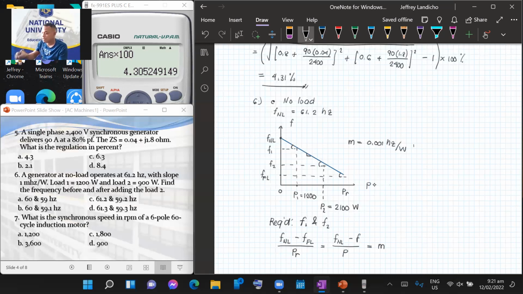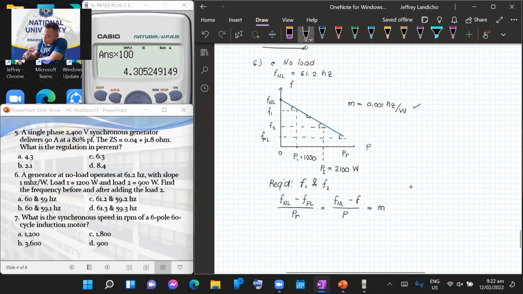The slope was given because the rated power and the frequency at full load were not given. The change in Y over the change in X represents the change in frequency over the change in power, which is actually the slope of this given line, so we have no problem. If this is P1, this is F1. If it is P2, this is F2, which is always equal to the slope.